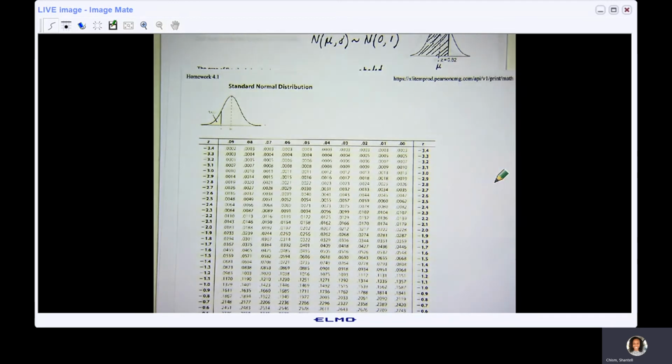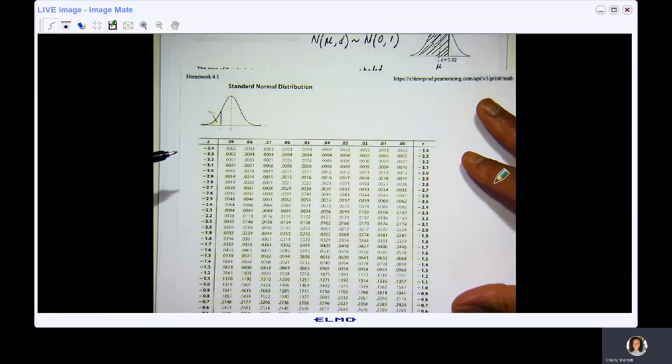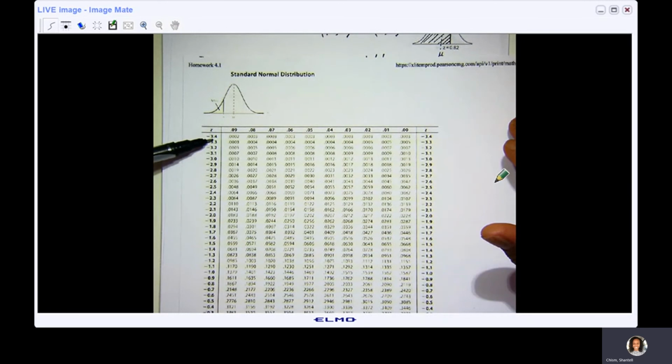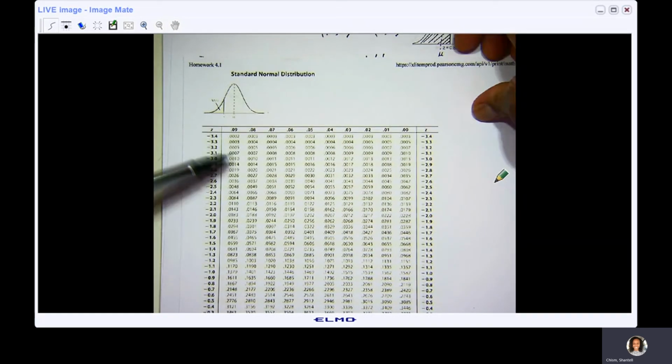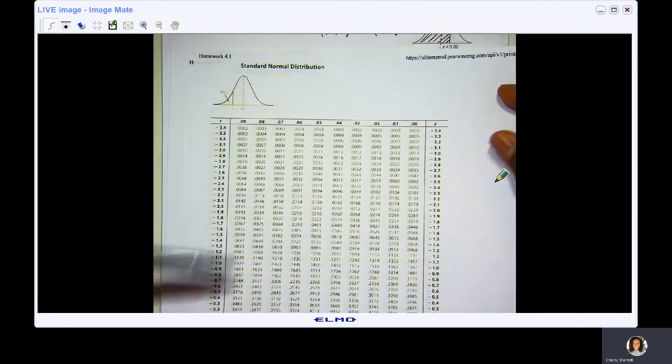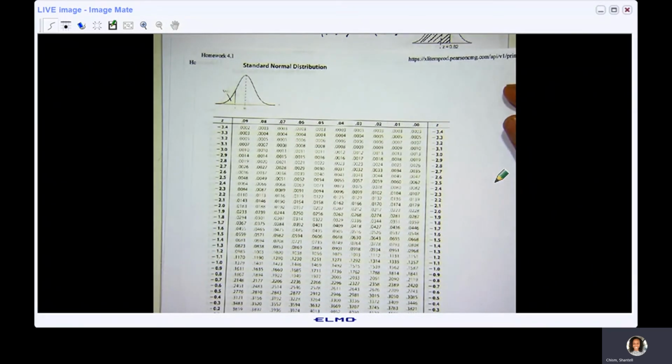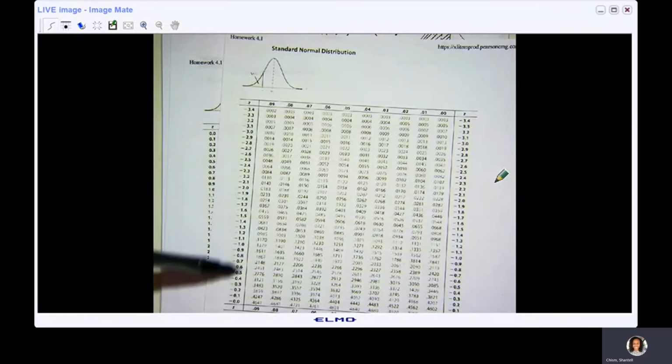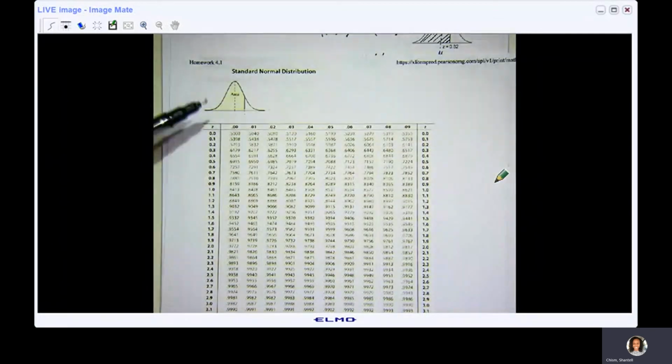Now, 0.82 is positive. So when you're looking at the standard normal table, you've got a negative side of values where your z-score is negative. Probability is always positive, okay? But you have negative z-scores on one side and positive z-scores on the other side.